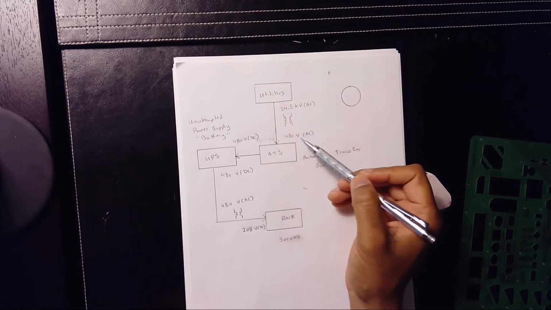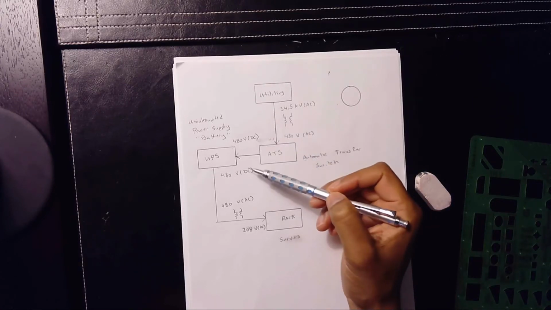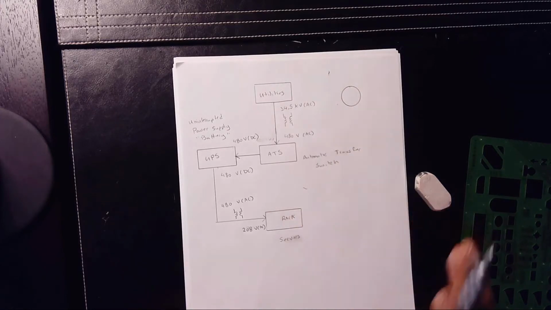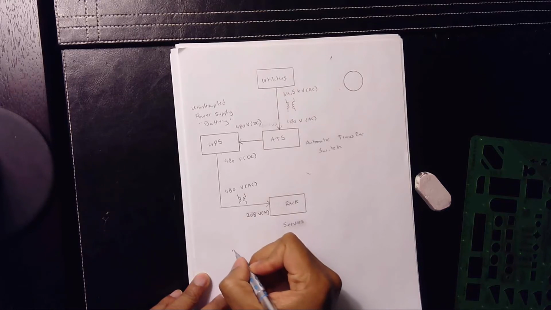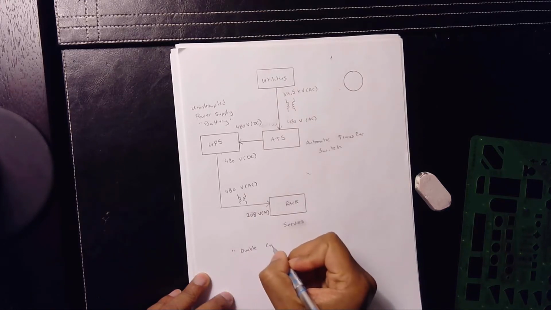This concept from 480 AC to 480 DC, then 480 volts DC to 480 volts AC is called double conversion. So we'll write double conversion.